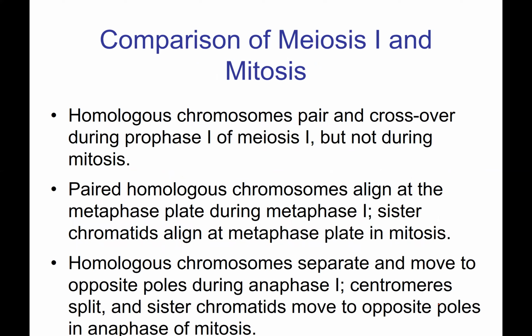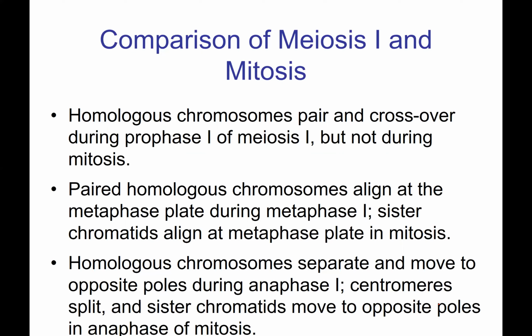So, comparison of meiosis 1 and mitosis. In meiosis 1, you have homologous chromosomes and crossing over, but not in mitosis. Paired homologous chromosomes align at the middle in meiosis 1, whereas in mitosis, you have sister chromatids align.